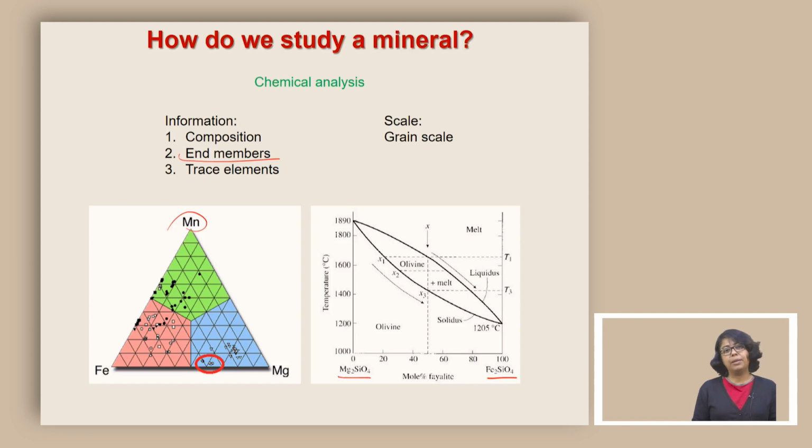Every place, every process that generates olivine will be slightly different, and therefore, the ratio of forsterite and fayalite are going to be different. Now, if you know the components in terms of end member from your chemical analysis, you can actually have a very good understanding of what is the contribution of forsterite and fayalite in your specimen.